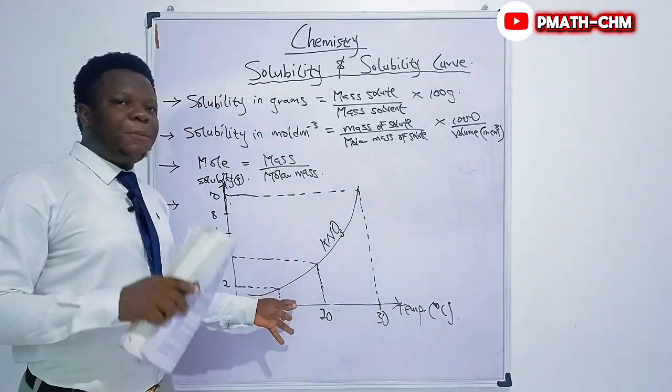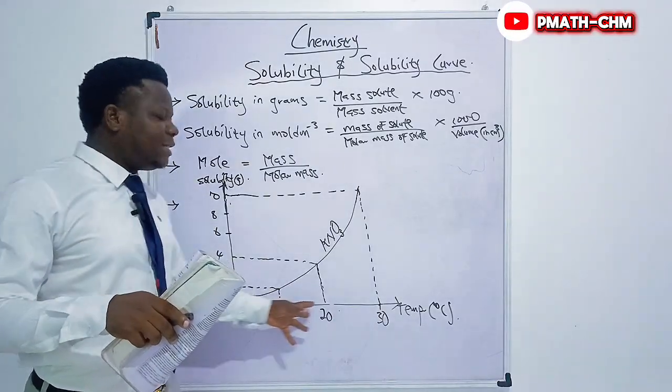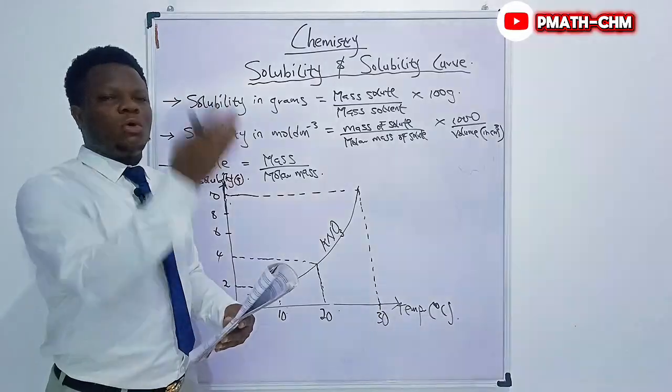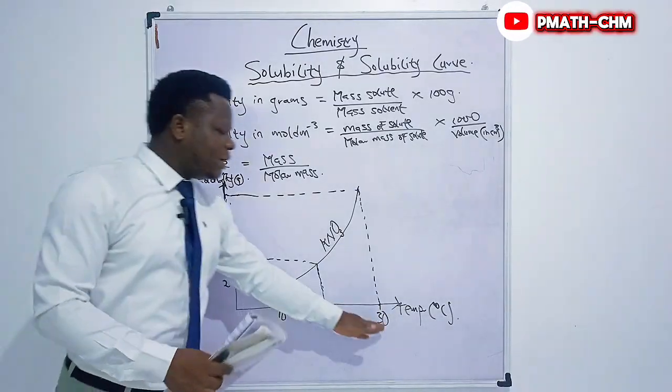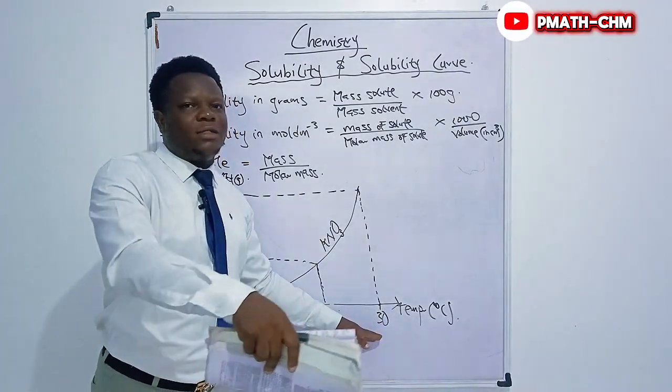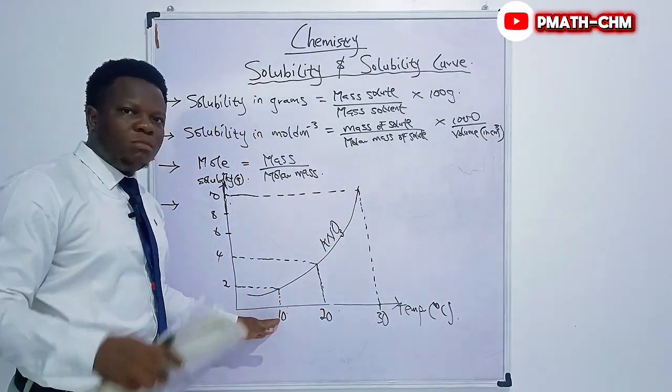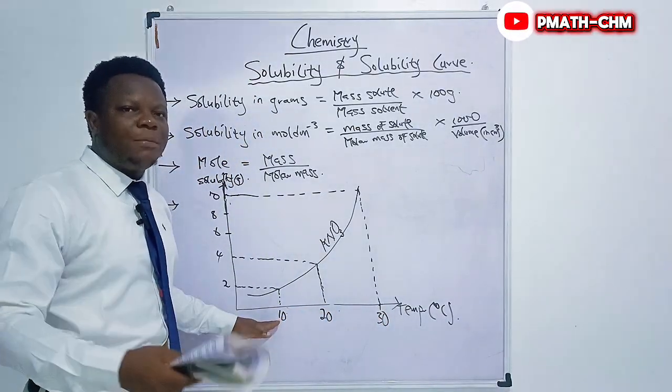What it therefore means is that a certain amount of the salt will crystallize or come out of the solution. Remember that at this temperature, all the salts are inside the solution, they are dissolved. But by the time you reduce the temperature, some amount of the salt will have to come out.